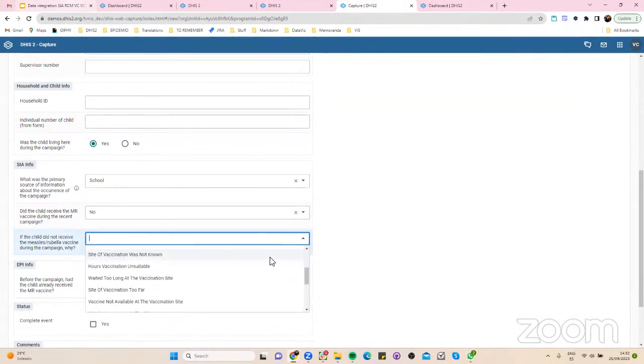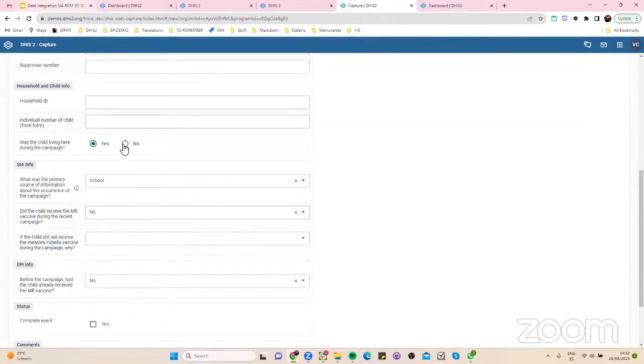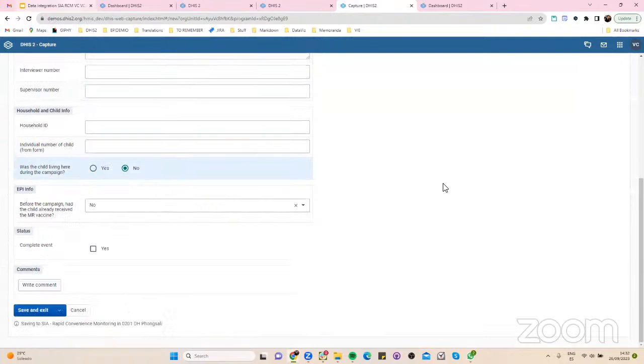Or, as simple as, the child was not present during the campaign at all for a variety of reasons, but you can still check whether the child had received any other doses during routine activities.